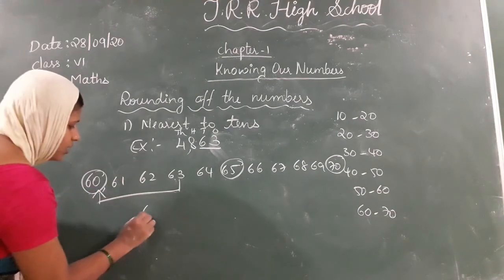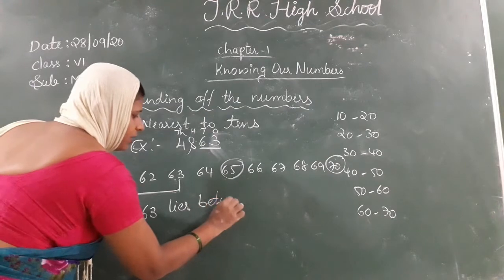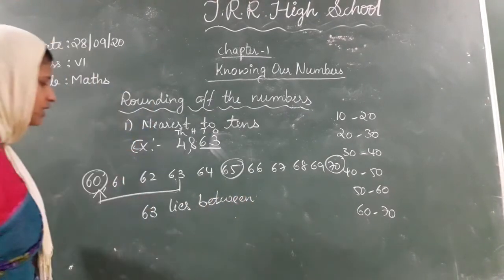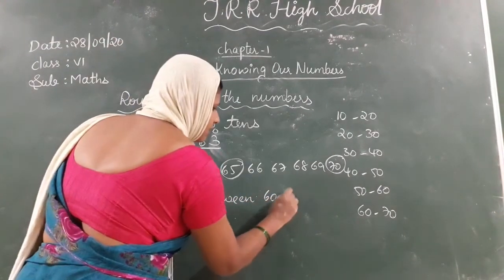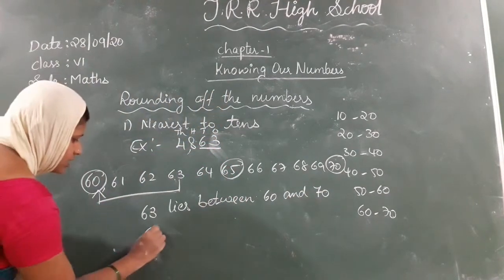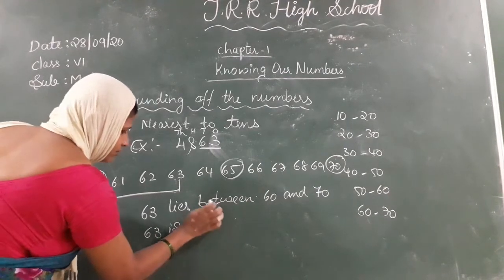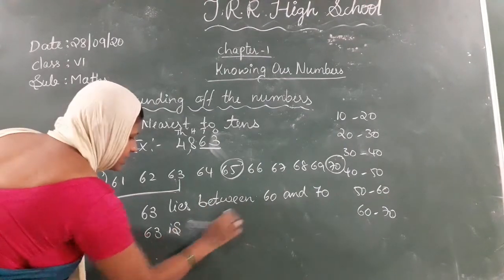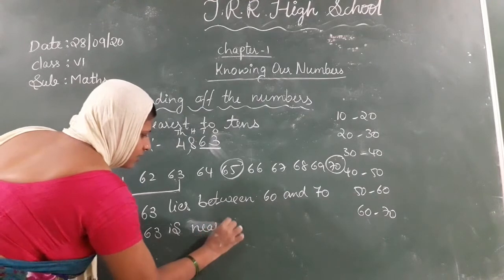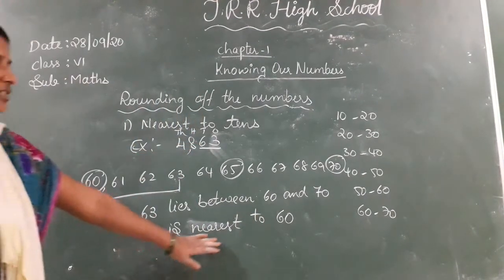So here write down. 63 lies between 60 and 70. So 63 is nearest to 60.